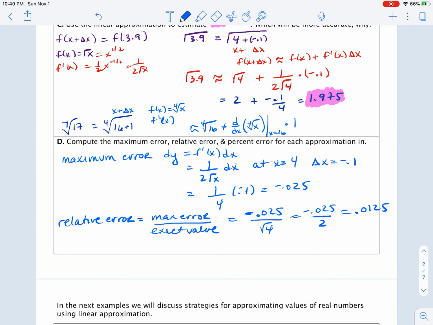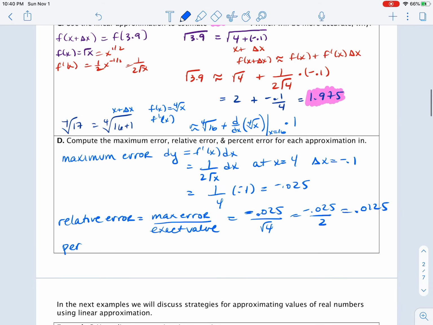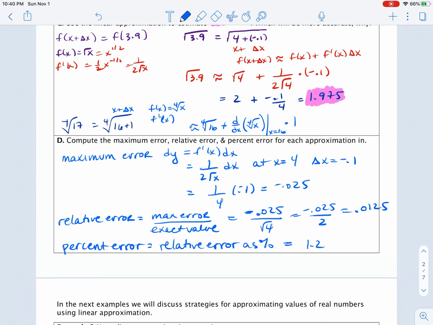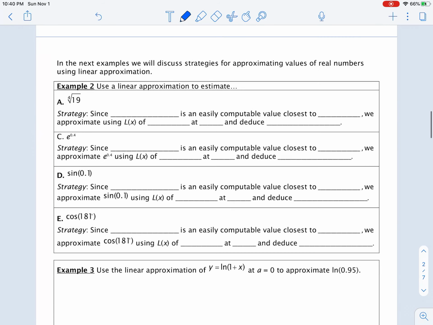So we're going to get minus 0.025 divided by 2, and that's going to give us 0.0125. Our percent error is going to be our relative error as a percent. And so that's just going to give us 1.25%. And that's how much we would be off by, which is not too bad.